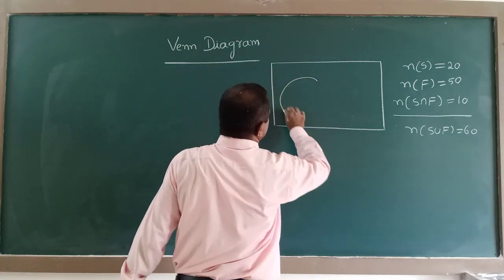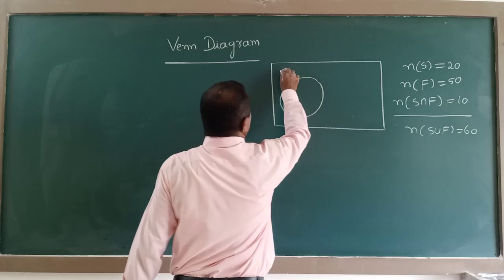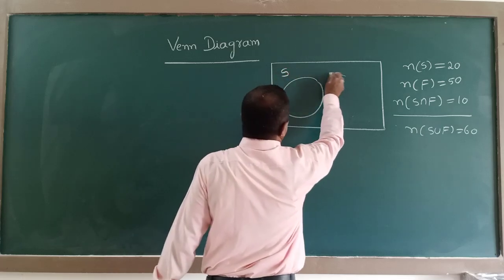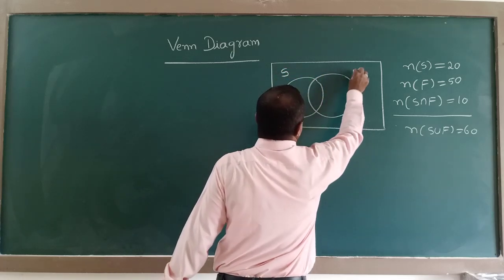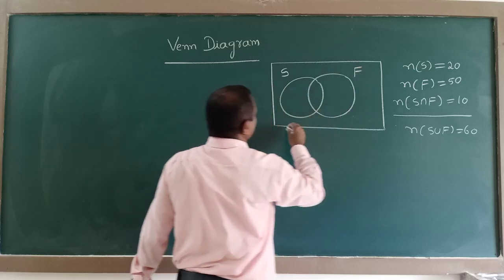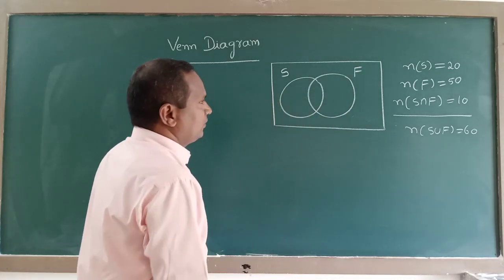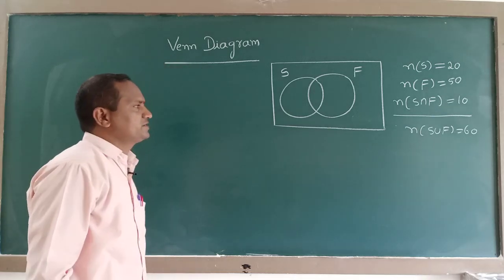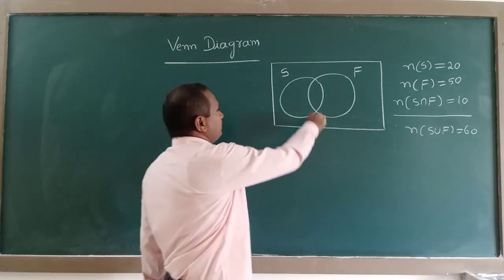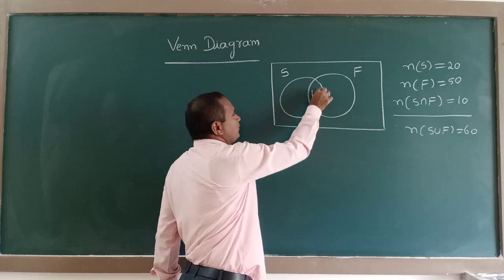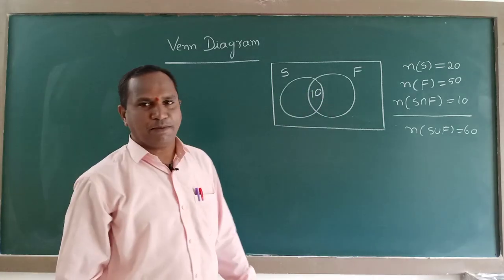It is one set, S, and it is the other set, F here. Commonly, for both Spanish and French, the common elements are 10, because 10 people are speaking both Spanish and French.